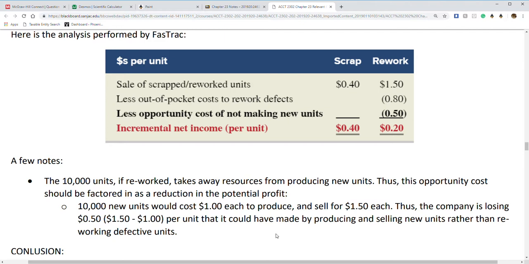Alright. So the 10,000 units, if reworked, takes away resources from producing new units. Okay? So when we factor it in, the 10,000 new units would cost us $1 each to produce.